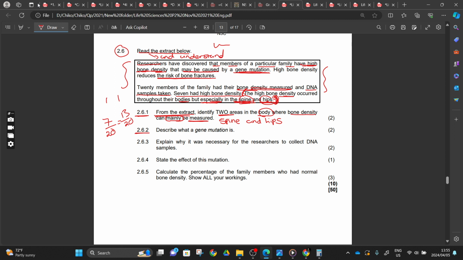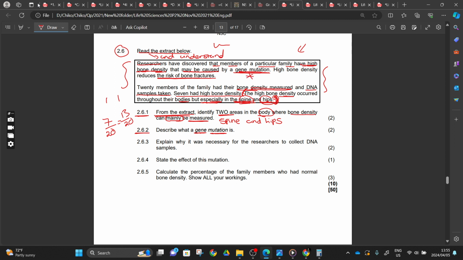And then 2.6.2: describe what a gene mutation is. Yes, another question is coming again. If we were dealing with chromosomal mutation here, they were going to ask you to describe what a chromosomal mutation is.